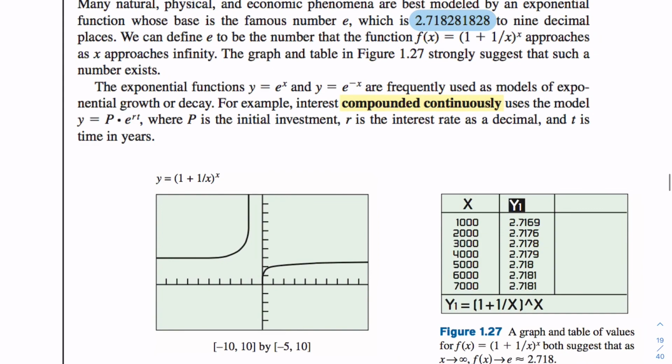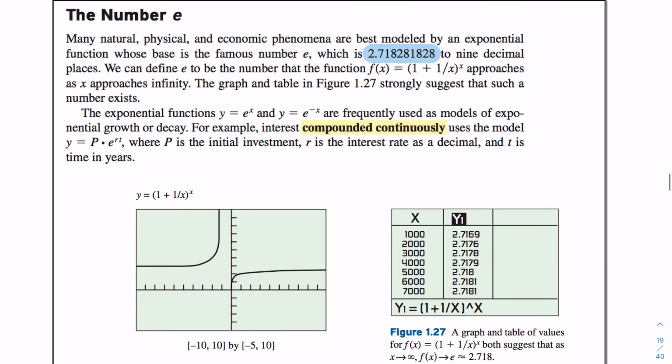So a lot of times when we're trying to figure out if interest were being compounded continuously, we would use the number e. All I want you to know is that the inverse of e is ln, so the ln of e is 1. It's the same as saying log base e of e is 1.